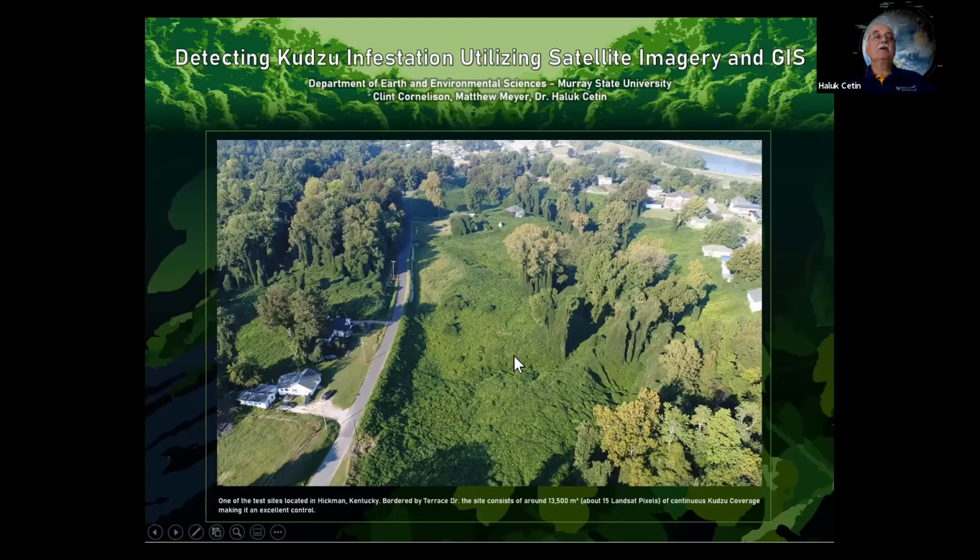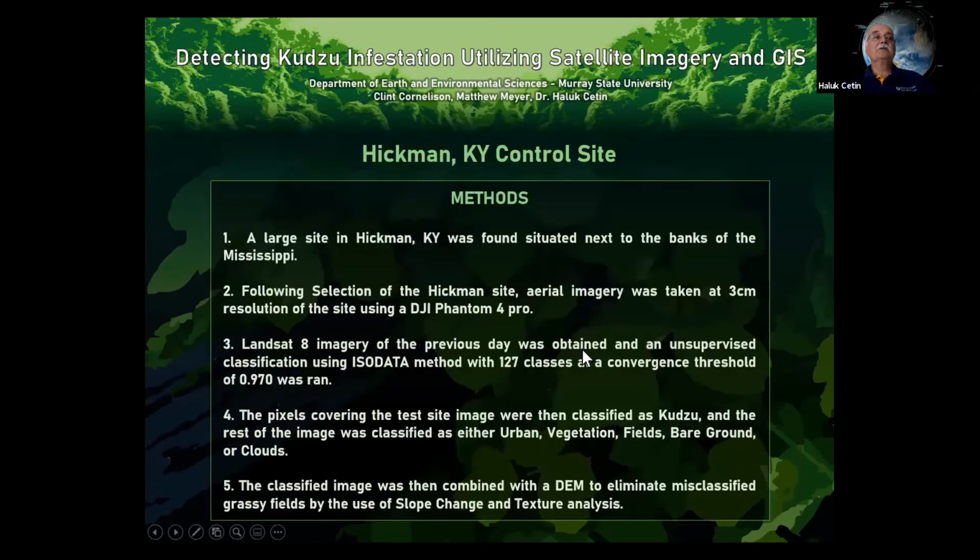So this is really an invasive species, and this was one of the largest sites that we managed to find.